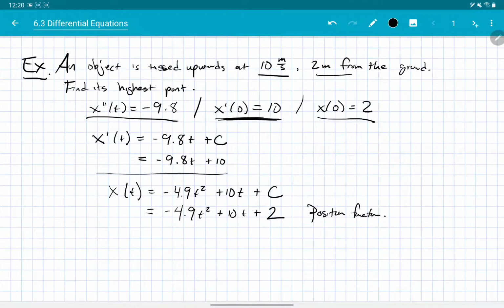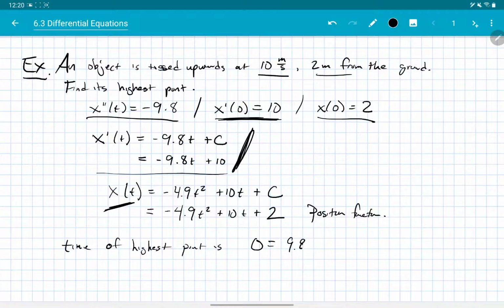All right, now we want to find the highest point. That means finding the maximum of the position. Well, finding the maximum of the position is the same as finding a critical point, which means solving this function equal to 0. So the time of the highest point is when 0 is equal to negative 9.8t plus 10.